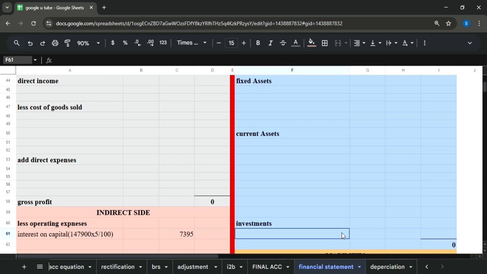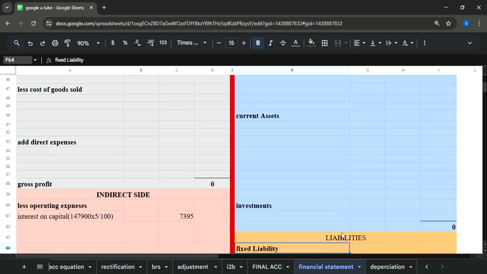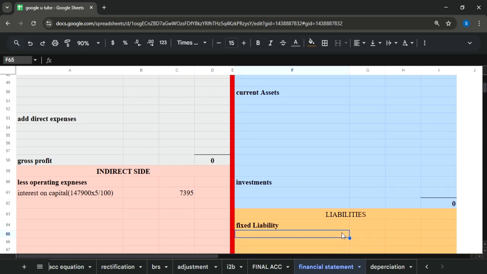For the next effect you will go to the liability side, and here as usual you will write capital, then you will subtract drawings if there are any, but right now we are concerned with interest on capital, so it would be added. How much amount have you calculated? 7395.